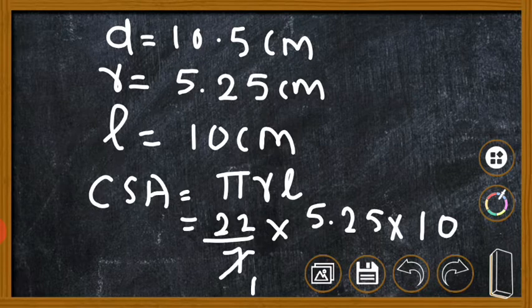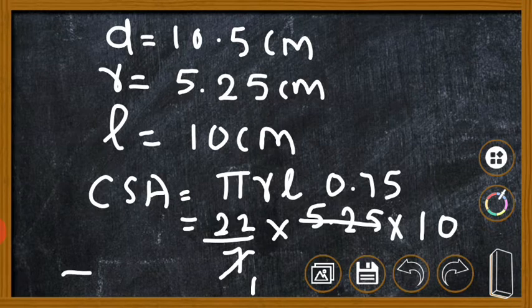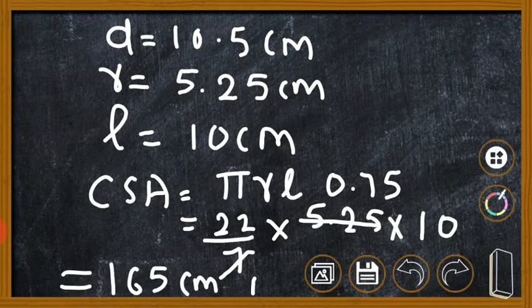In 7 one time, in 52 it is 7 and remaining 3 and 5 become 35. In 35 it is 5. So what is the final answer? 22 into 0.75 into 10. You will get 165 and the unit is centimeter square. So this is the final answer.